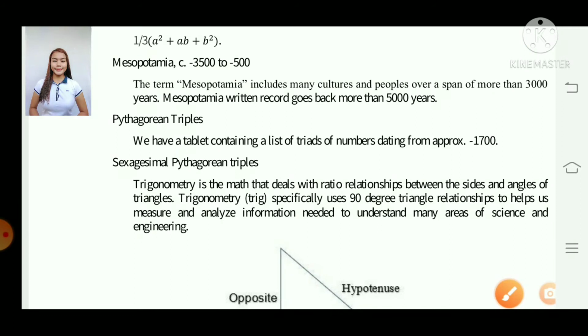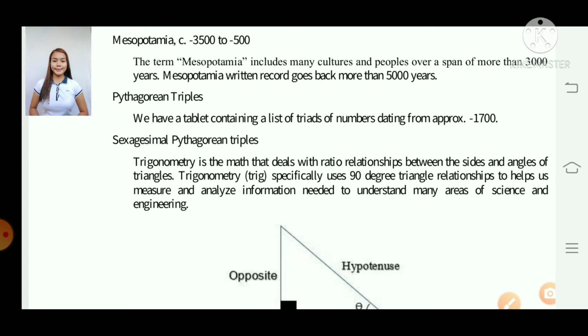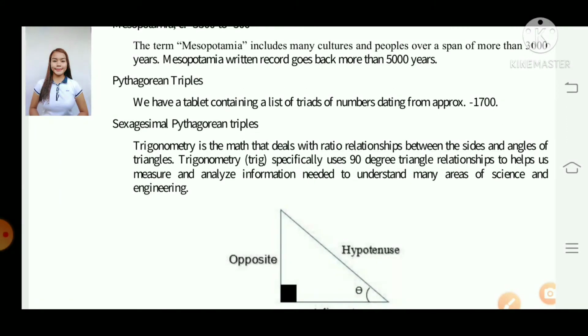Mesopotamia, approximately negative 3,500 to negative 500. The term Mesopotamia includes many cultures and peoples over a span of more than 3,000 years. Mesopotamia's written record goes back more than 5,000 years.